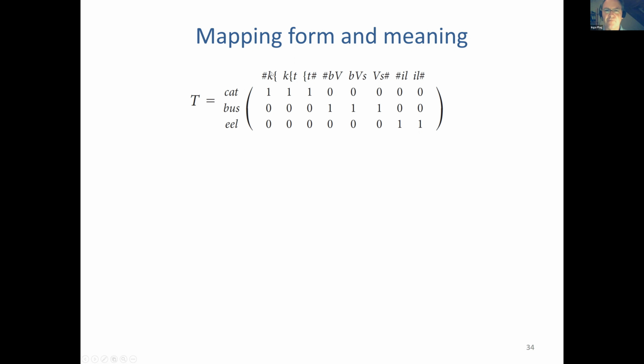You can then represent the pronunciation of the word cat as a vector where you have a 1 whenever a triphone is part of the phonological representation of that word, and a 0 if it is not. This is, of course, a toy lexicon, a toy matrix. This gives you a matrix representation of the pronunciation. It's called T because these are triphones to model the phonological transitions.